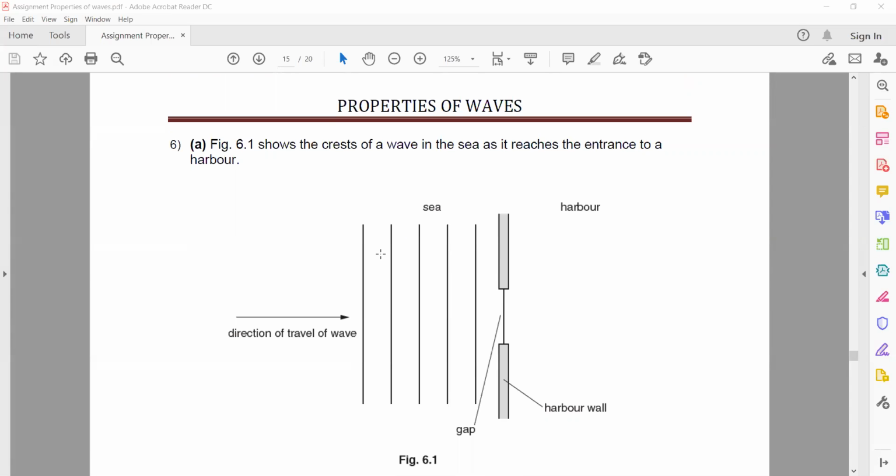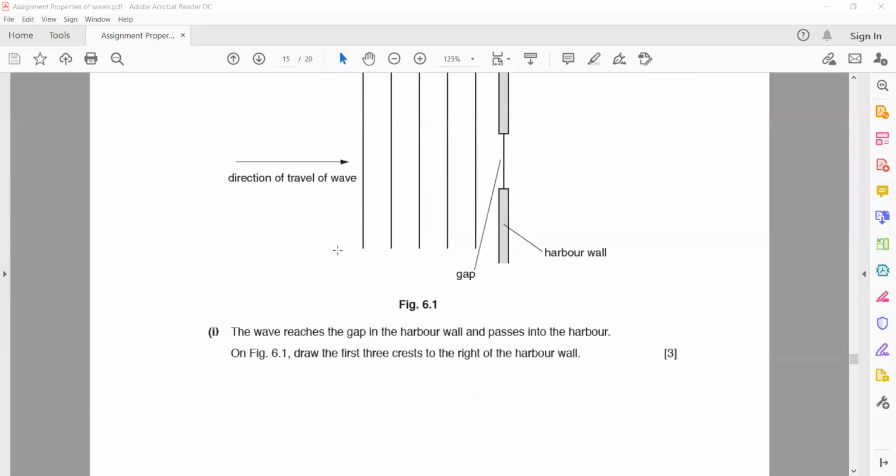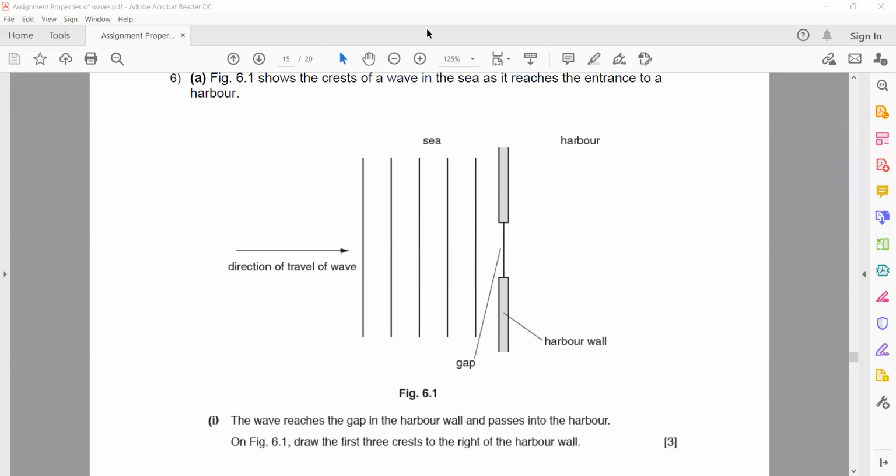Figure 6.1 shows the crest of the wave in a sea as it reaches the entrance to the harbor. The wave reaches the gap and passes through the harbor. On the figure, draw the first three crests on the right of the harbor. So what do you have to check? You have to check the wavelength and the gap size.